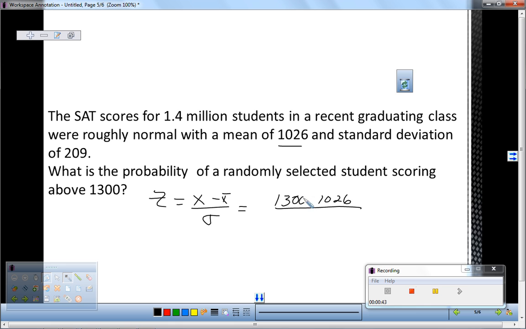That'll go here, and over our standard deviation, in this case, which is 209. Once we put that in a calculator, we end up with 1.31. So that's how many standard deviations we are away from the mean. But let's go look this value up in our table.